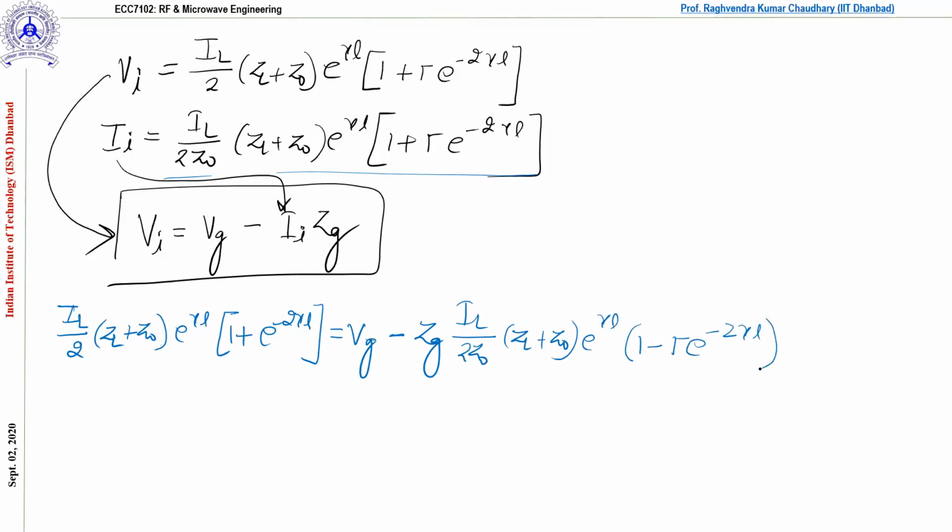This is the complete equation. Correct. I just replaced V and I with these two relations.